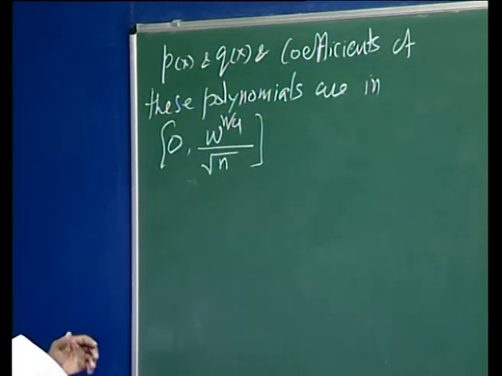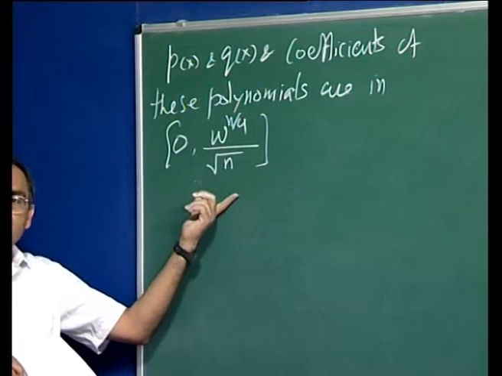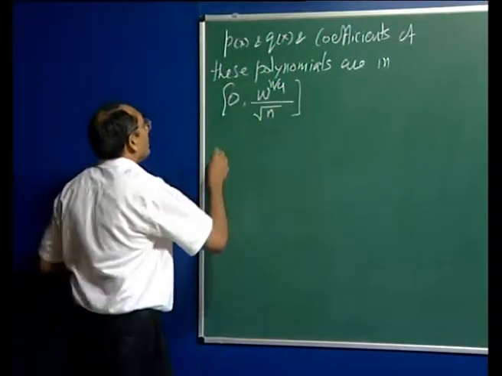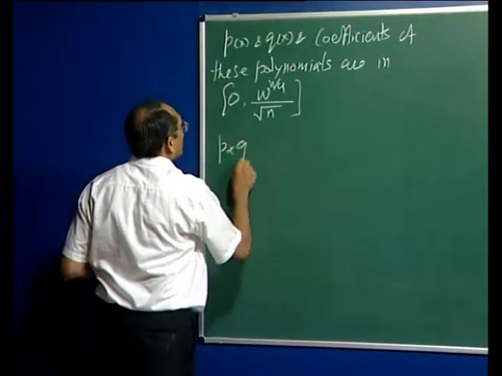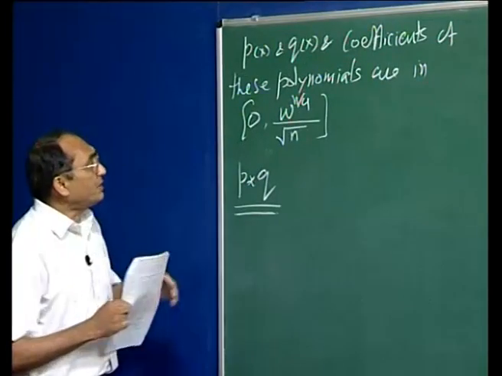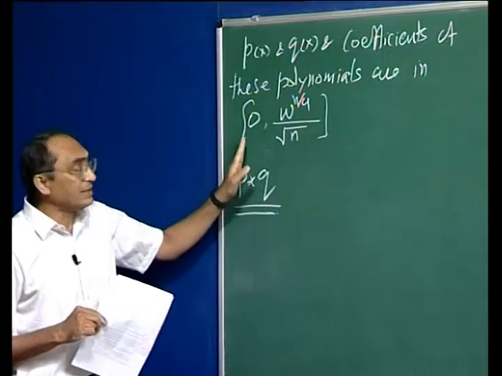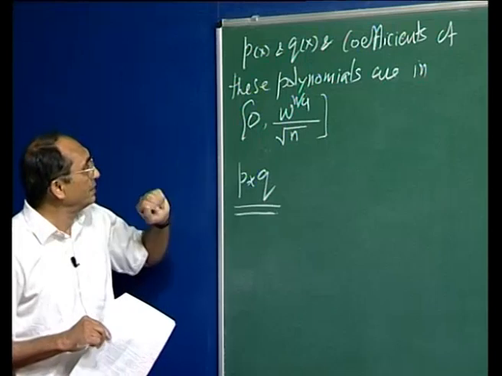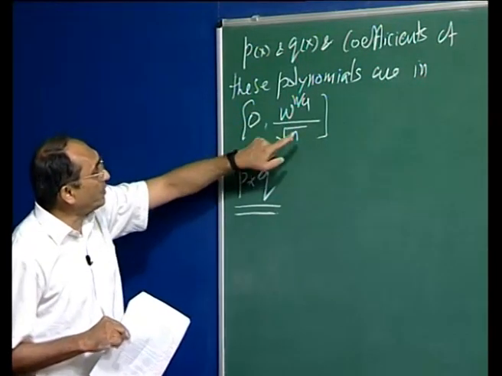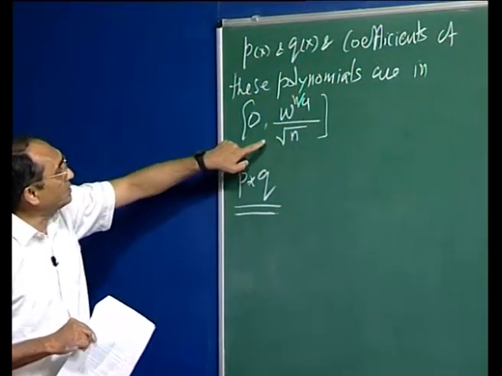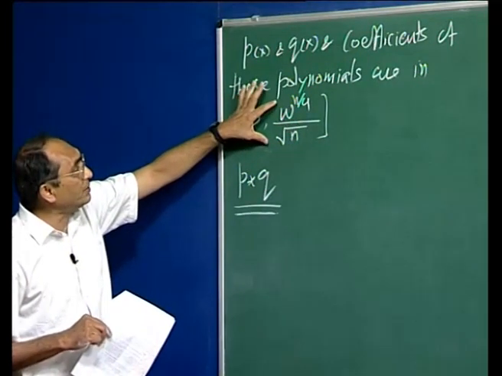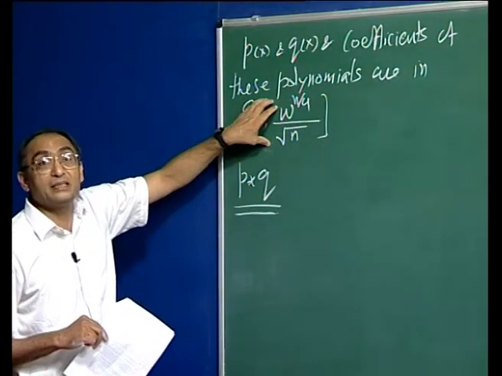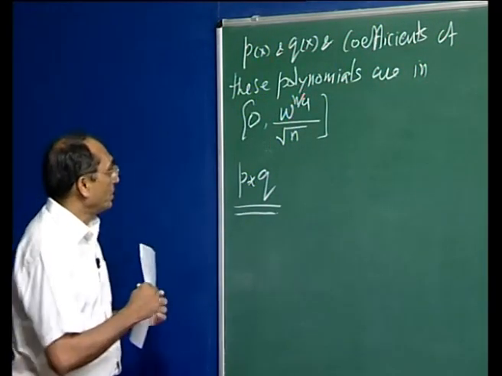In that case, the largest number that will result when we perform the multiplication of p times q, in this computation we are going to perform effectively the convolution of these coefficient vectors, and in doing so what we are going to do is we are going to multiply 2 numbers in this range and then add those n such numbers.